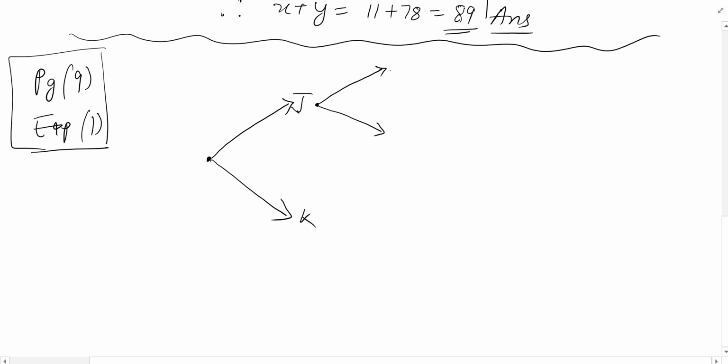Now, if Jennifer wins that game again, then Jennifer is the winner according to the game setup. If K wins, then now we have a kind of tie. Jennifer won and then K won. Now we will continue the game.